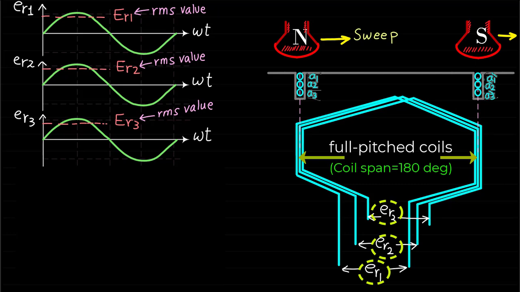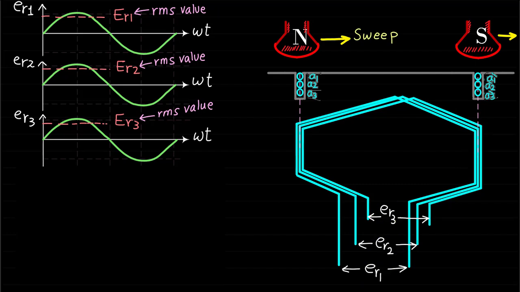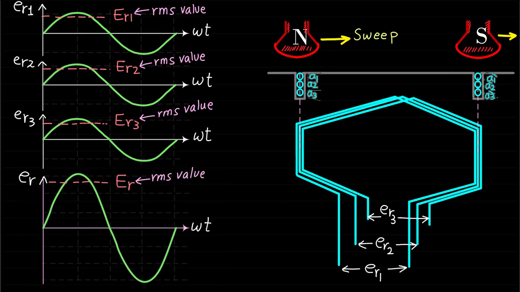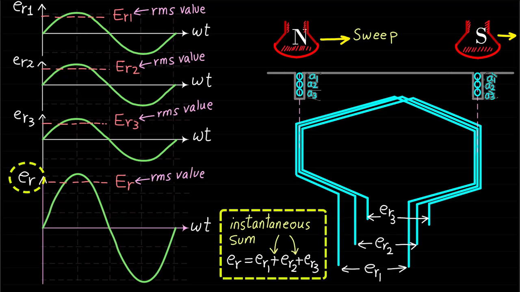As we can see, these 3 induced voltage waveforms ER1, ER2, and ER3 are in phase or are aligned with each other because the 3 coil sides of phase A of the concentrated winding are installed in one slot. This waveform ER shows the total instantaneous sum of the 3 induced back EMF voltages ER1, ER2, and ER3.